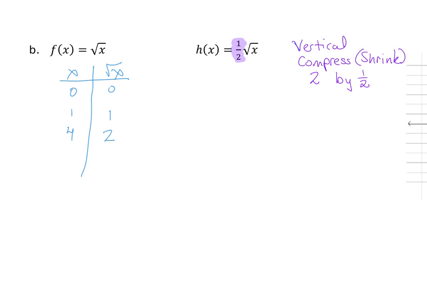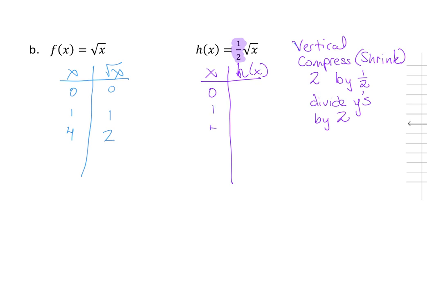Okay, now, what does this mean? What this means is we want to divide the y's by 2. Again, nothing inside my function, and so my x's are going to stay the same.